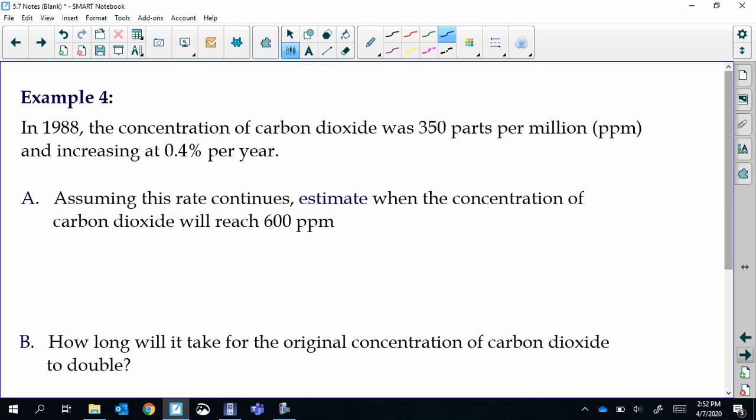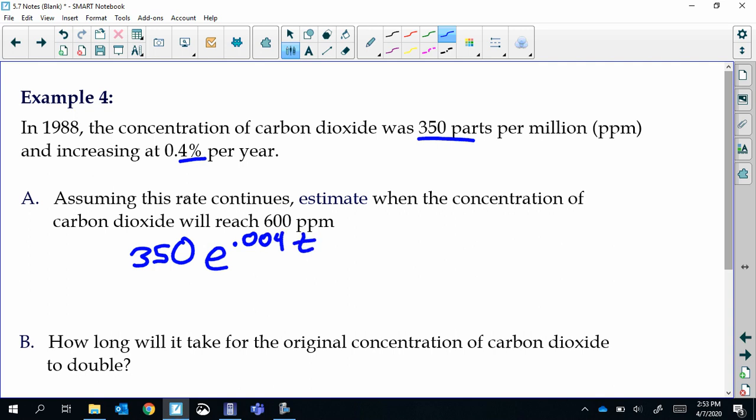All right, so this time we need to come up with the formula entirely. It just gives us the information. We know that in 1988 it started at 350, increased by 0.4% per year. So it started at 350, increased at 0.4%, which would be 0.004 as a decimal.